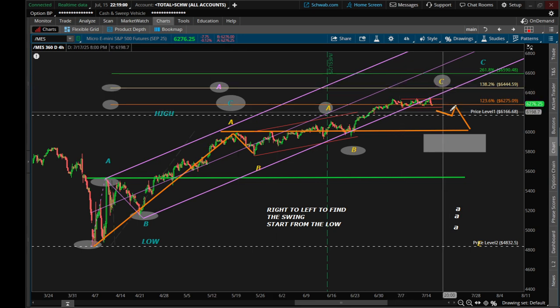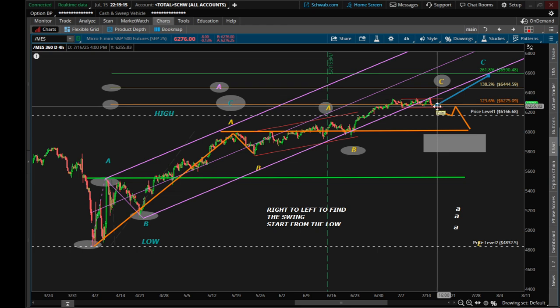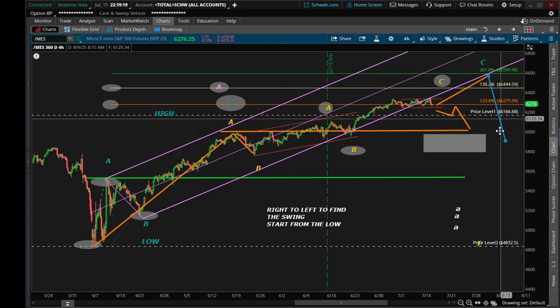So the other scenario then for the primary count is we probably rally underneath the pitchfork, and then we come down to our retracement levels, which I need to put up there now.